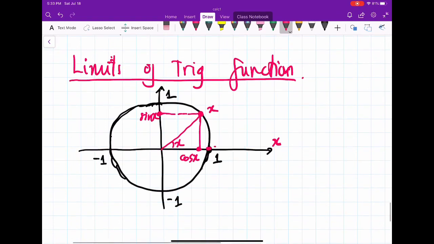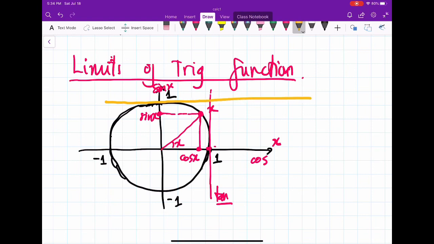Make sense? And if you want to see the tangent, this is your tangent axis. So this is the cosine axis, this is the sine axis, this is the tangent axis, and at the same time we have the cotangent axis, which is like this.